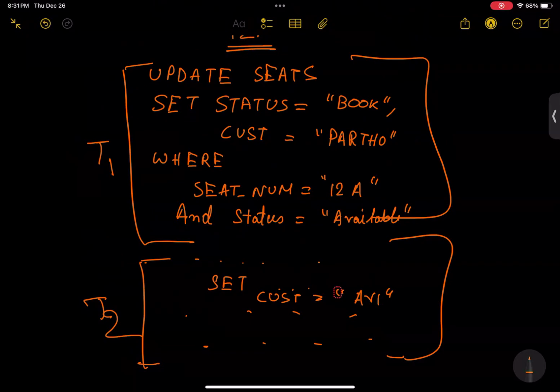So in order to achieve isolation, each transaction should be instructed. Follow my words. Each transaction should be instructed to create an exclusive lock on the database and ensure its atomicity until completed. Did you follow?